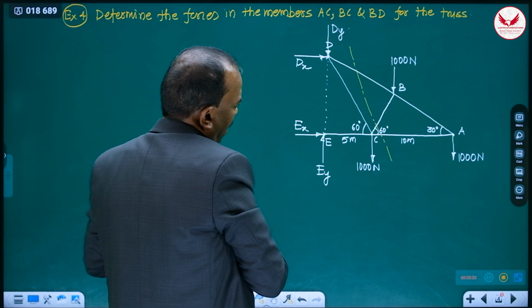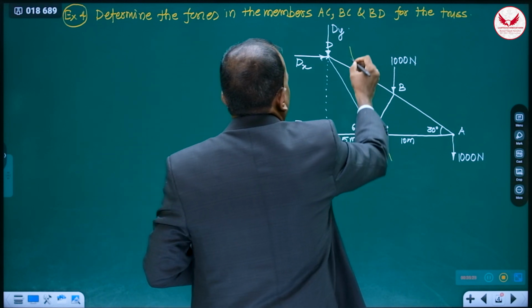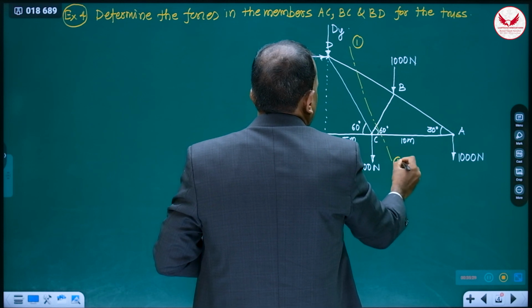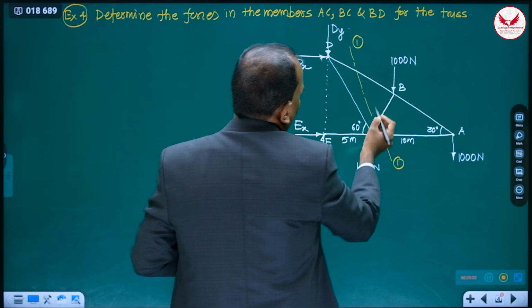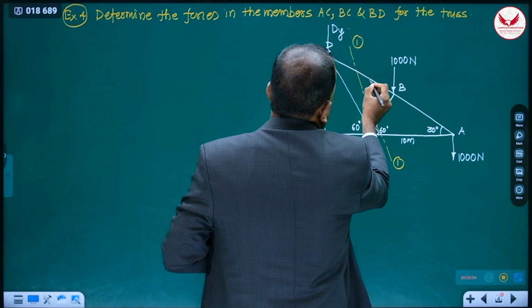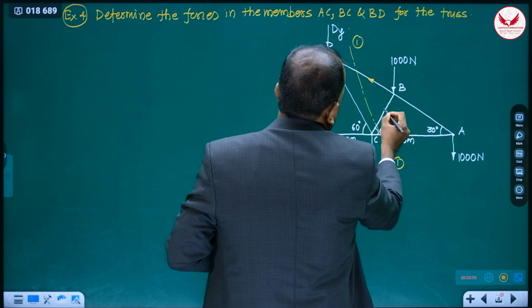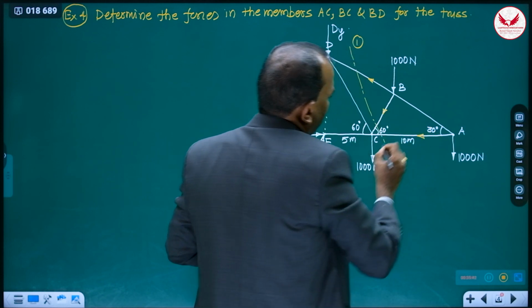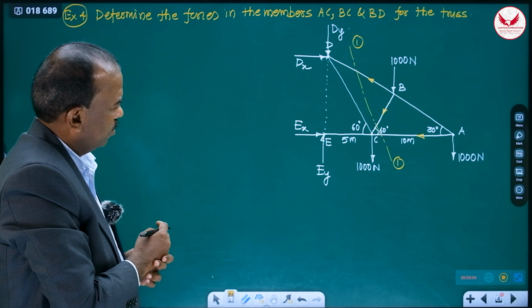That is our requirement. So consider, this is section 1-1 and we are going to consider the RHS. So it is going to be tensile. As I told, it is also tensile and it is also tensile. That basic thing I have told initially, you assume it.